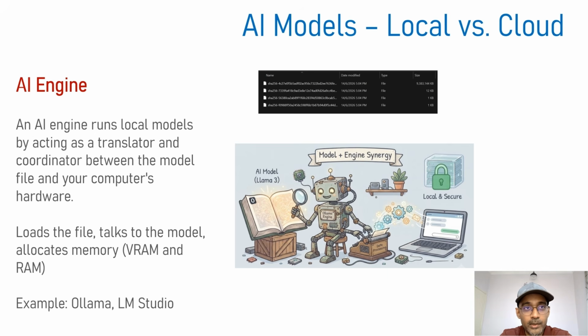Our input is plain text, but what happens in the model is all mathematical equations and numbers, so the AI engine does the conversion. It also deals with the hardware part: it loads the file, allocates the memory, and so on. There are many AI engines available in the market, such as Ollama and LM Studio. What we are using for our use case is Ollama.